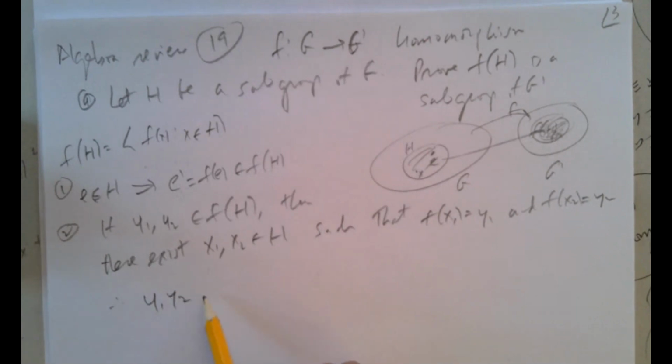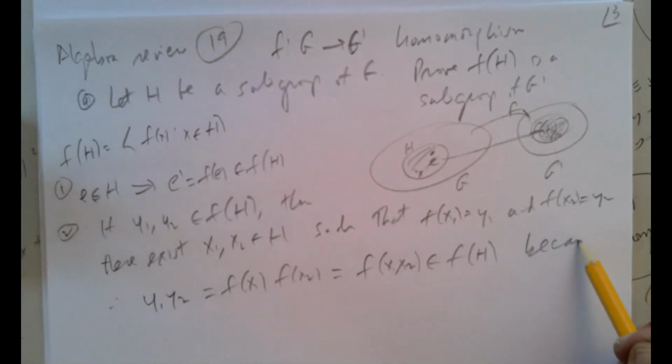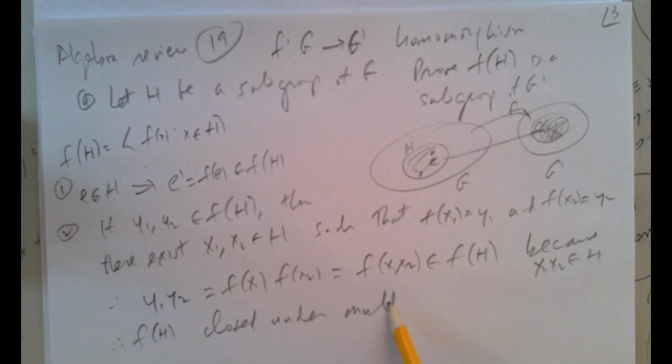So y1 times y2, that's f of x1 times f of x2, but f's a homomorphism. So that's f of x1 times x2. And that's in f of H, because x1 times x2 is in H. H is a subgroup, so if it contains two elements, it contains their product. So f of H is closed under multiplication.